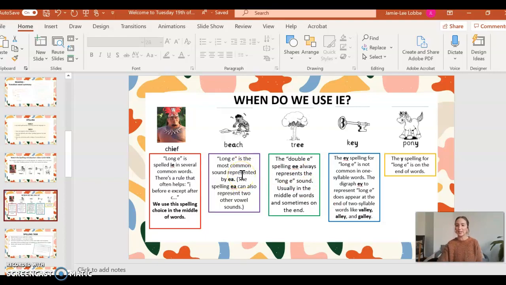English is a tricky language. And the graph Y, making E, is on the end of words, like in pony and happy, okay? So we're going to see EI in the middle of words, okay? After a C, when you hear the E sound, you use EI.